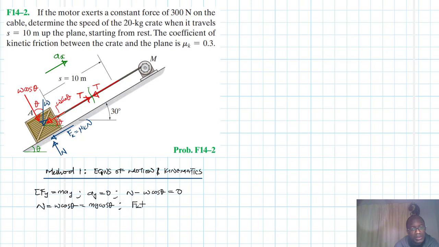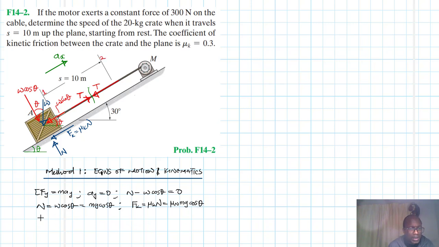And Fk is just mu k N, which is mu k mg cos theta.